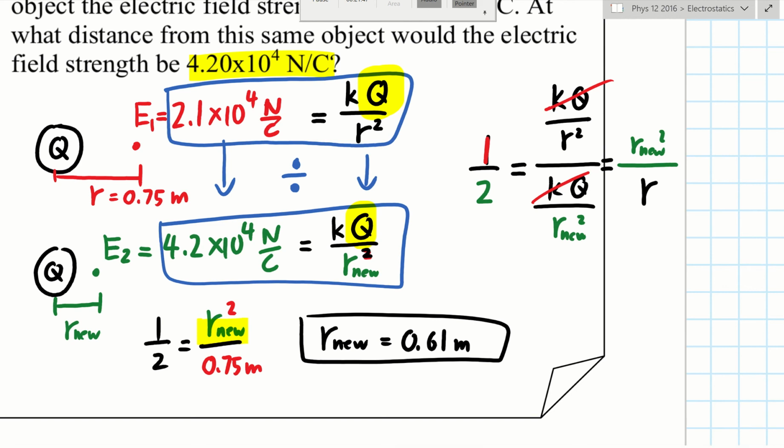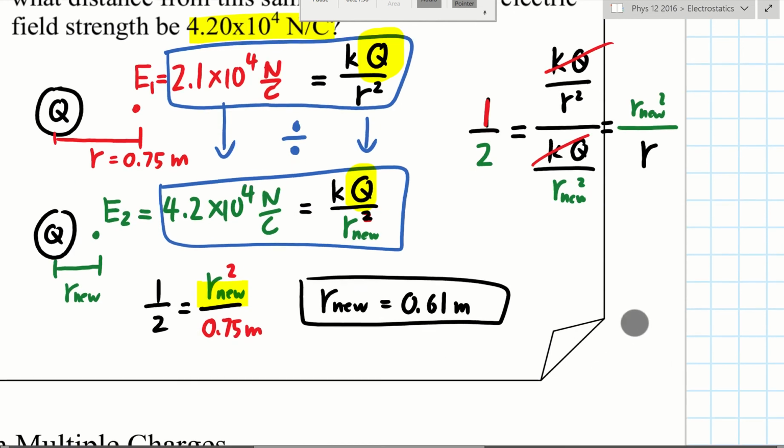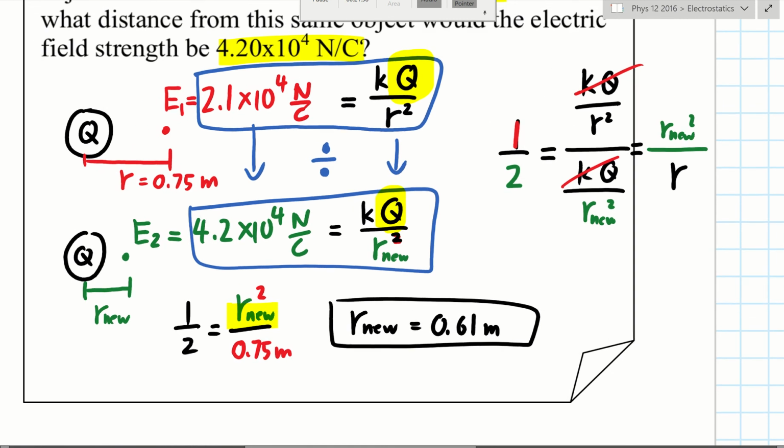But if you know a bit of this algebraic trick, then you can get to your answer a lot faster and using your calculator only one time. It's pretty cool, right? If you know that some things are the same, you can actually cancel them out like over here, which is pretty cool, right?